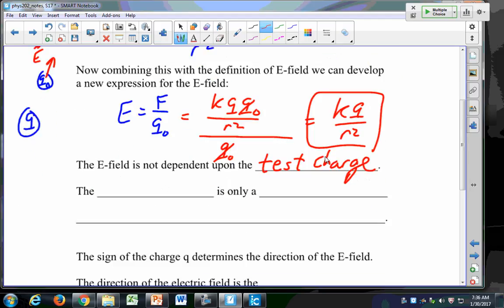Whether we have the test charge or not, the electric field is there, right? We just use that test charge to map out the field. The test charge is only a tool to measure or sample the electric field.